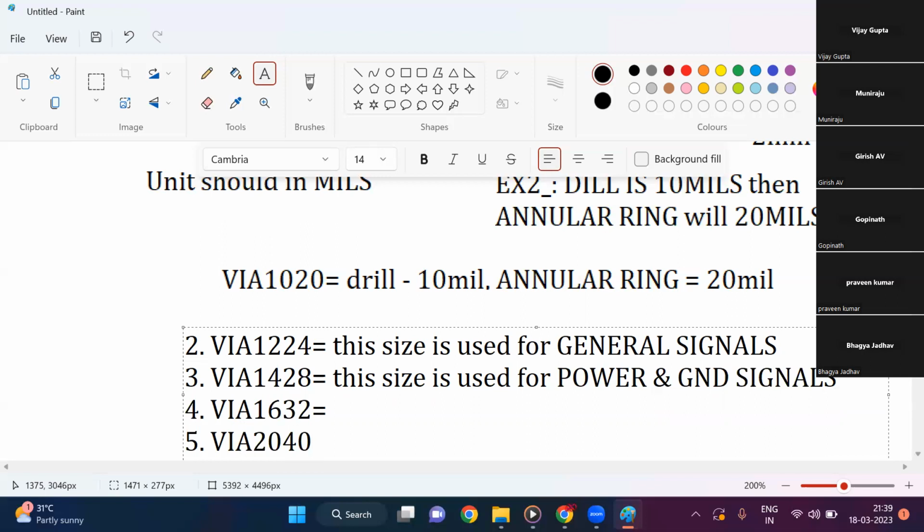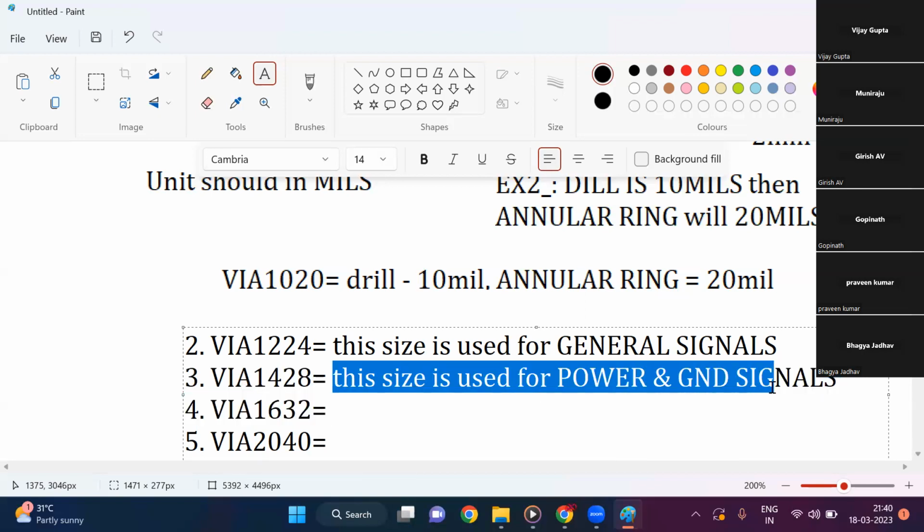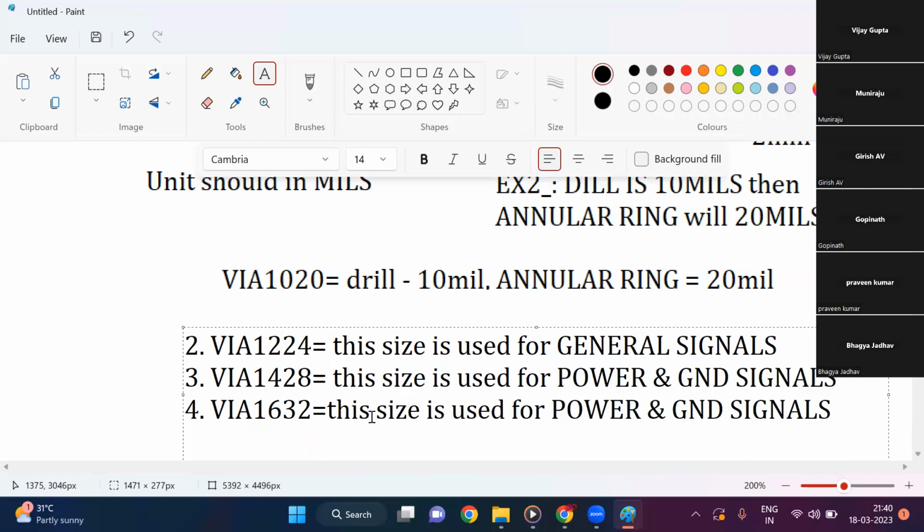Okay, for heavy current pass, you can use this. So via 10 20 and 20 24 you can use for general signals. The rest of the vias can be used for what? Power and ground signals. Okay, that depends on what?